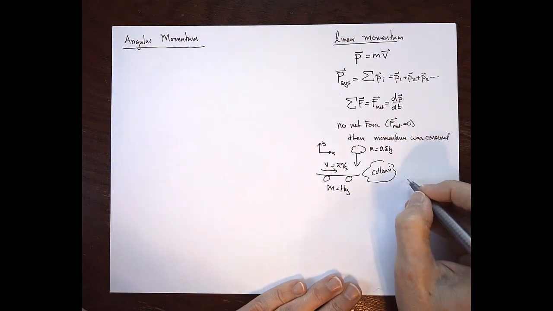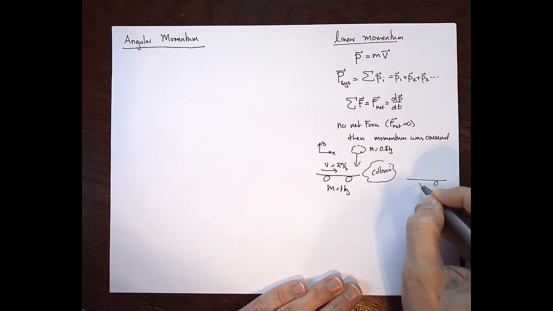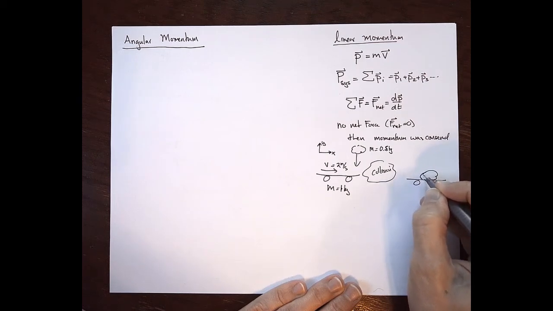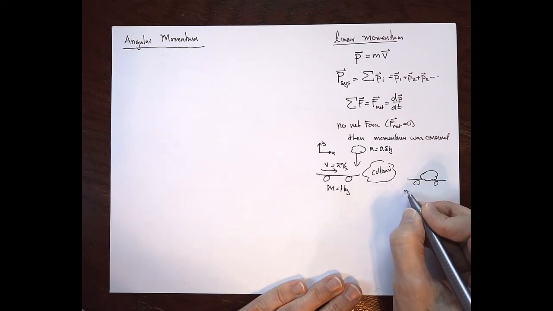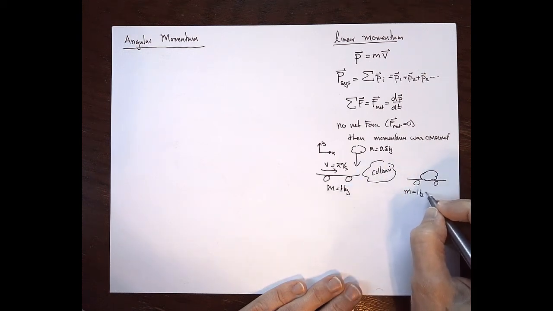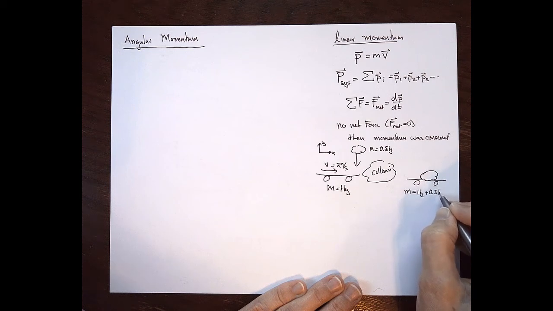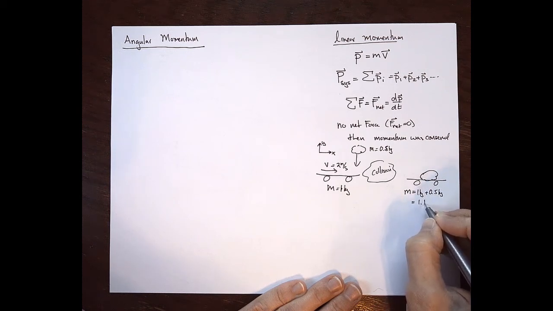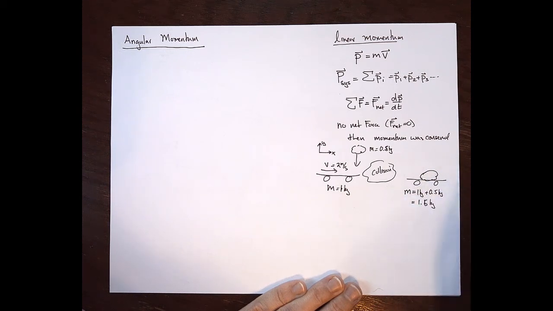And then after the collision, you'll have the skateboard with the clay stuck on it. This new combined object will have a bigger mass. It'll be the 1 kilogram plus the ½ kilogram from the clay, or 1.5 kilograms in total.